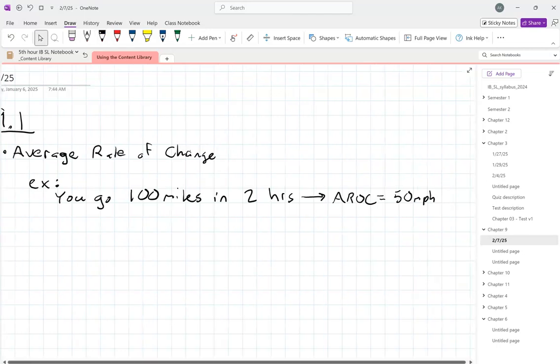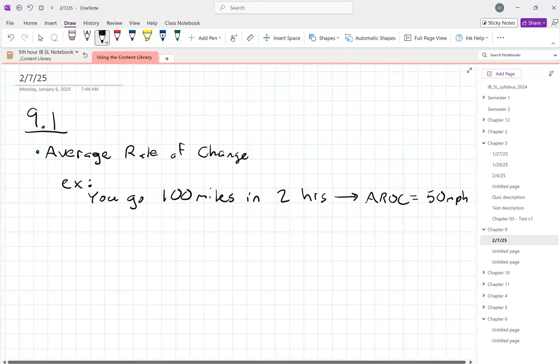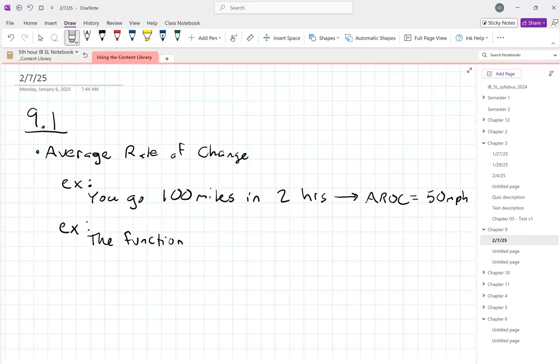So what if we have, say, the function y equals x squared plus 2x plus 3 on the interval 0 to 3.